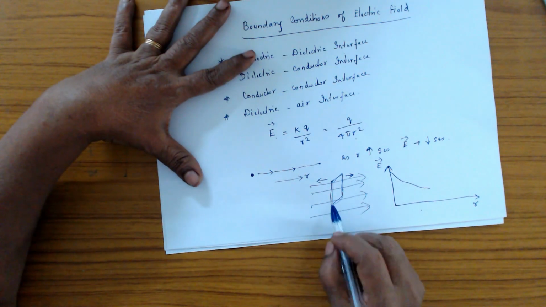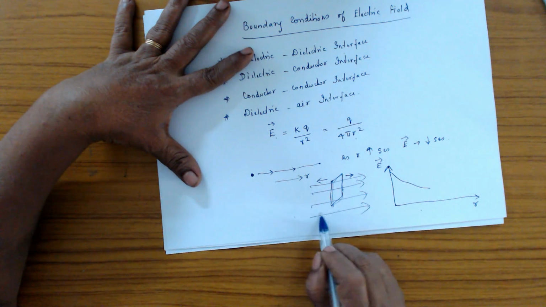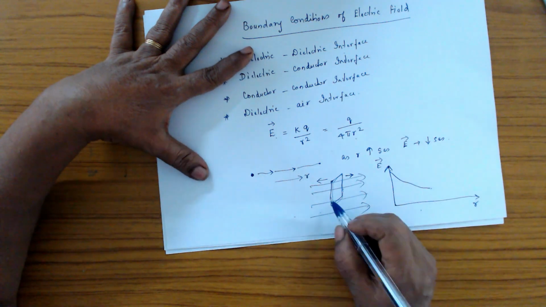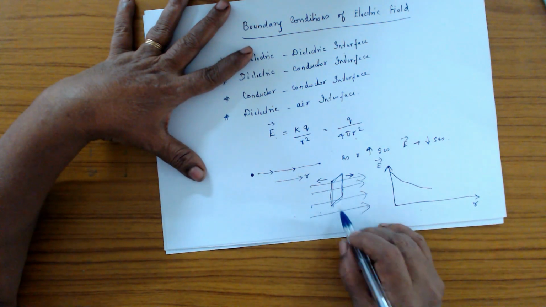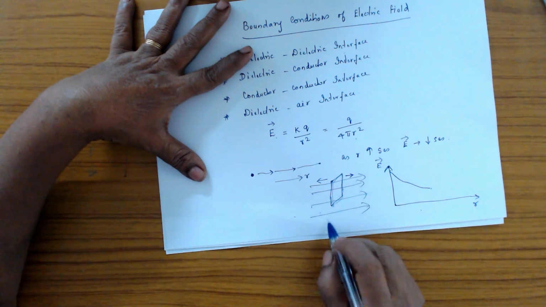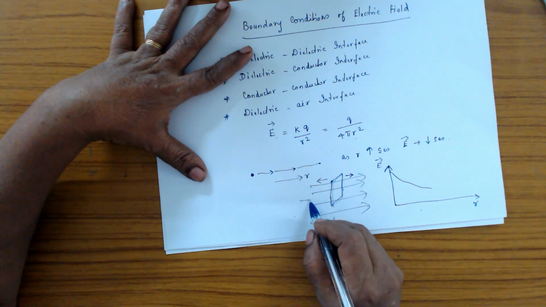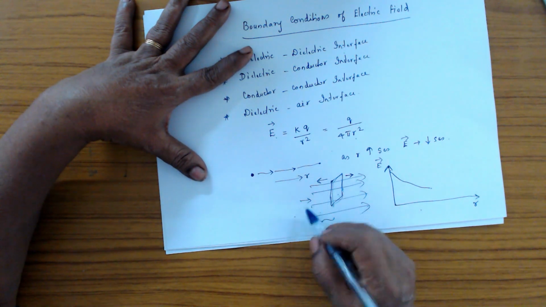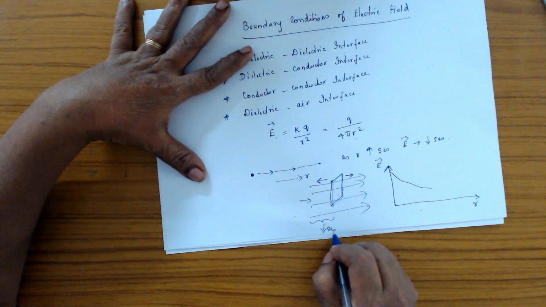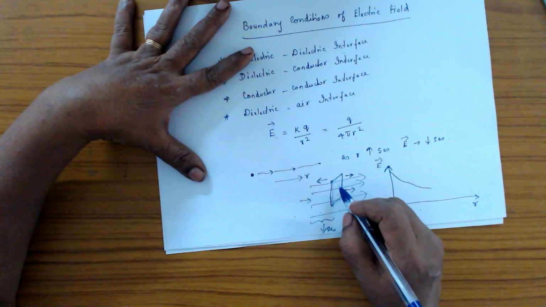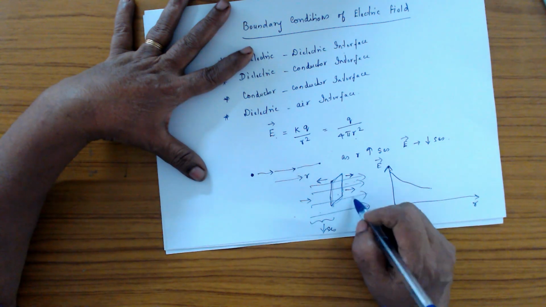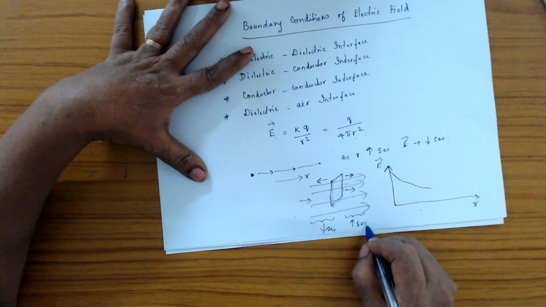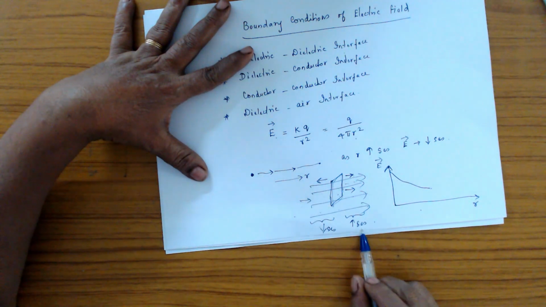On the interface side, the force created by this object generates an electric field opposite in direction, so the net electric field decreases. But on the other side, the field due to this object is in the same direction, so in this space the field potential increases. Here the field potential decreases, and here it increases.